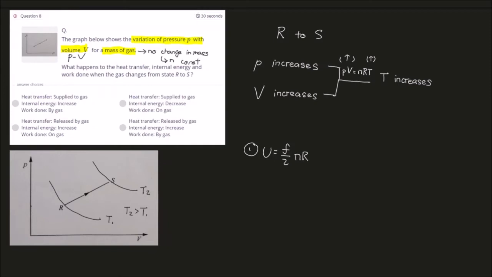So if f over 2, n and R are constant, then you know that if T increases, then U will be increasing as well. This is based on this formula. So the internal energy should be increasing. This means internal energy increases.